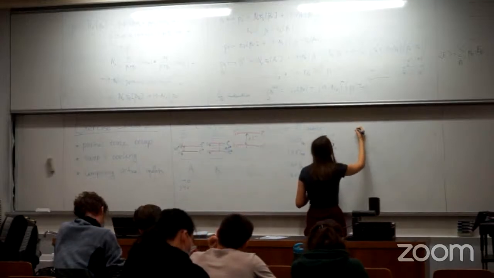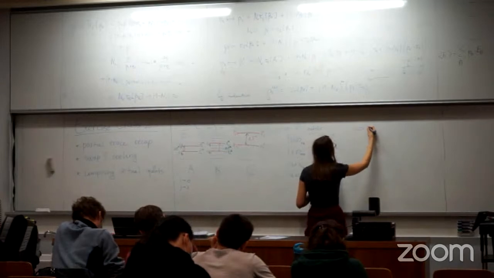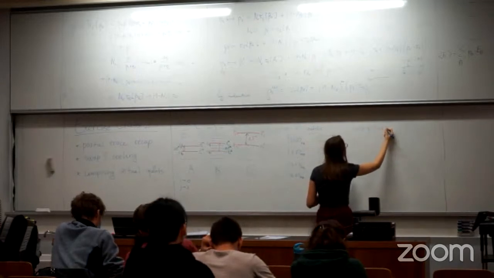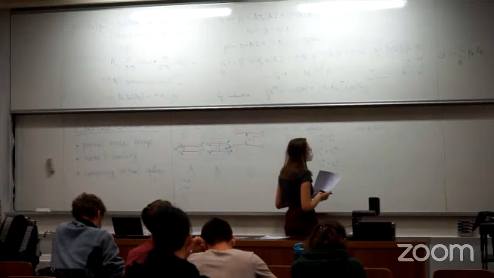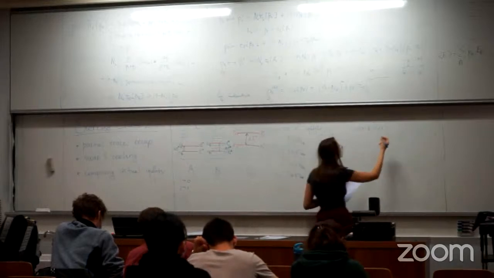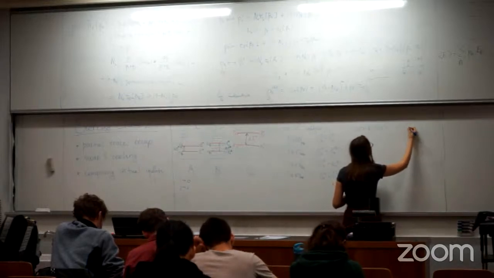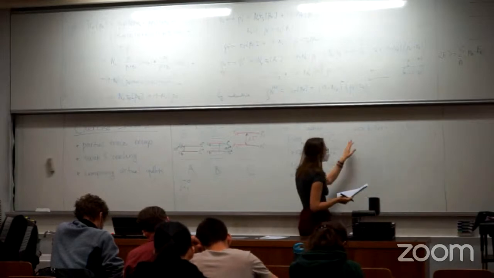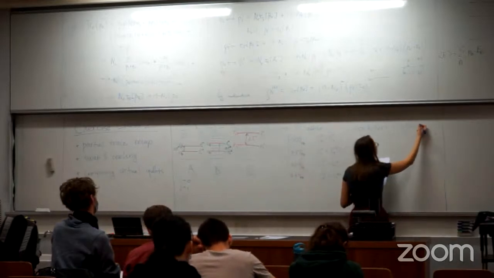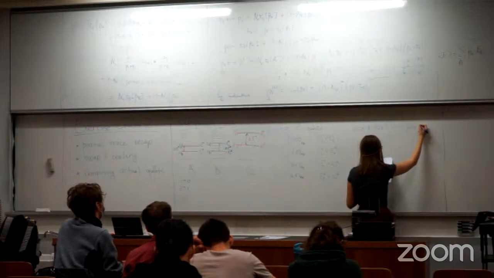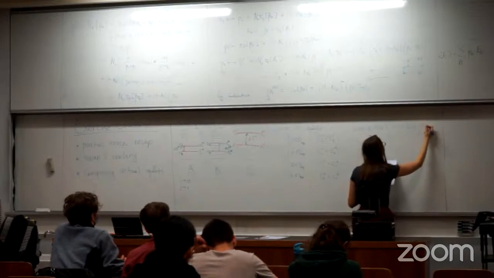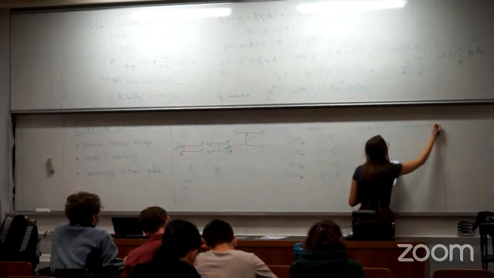So if I say, take the states 0, 0 and 0, 1, I can actually factor this as just the state 0 on the first system and 0 and 1 on the second system.